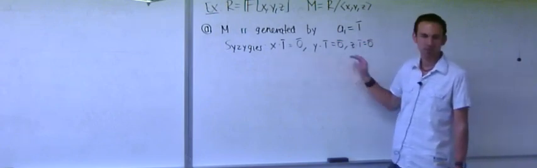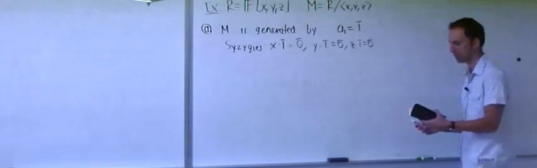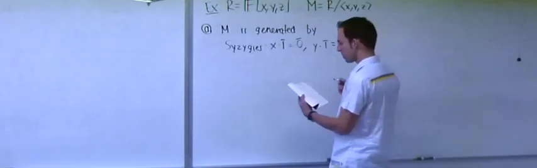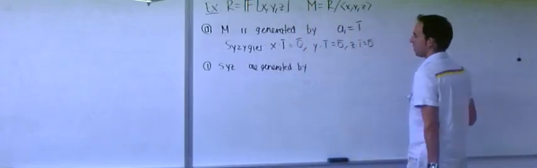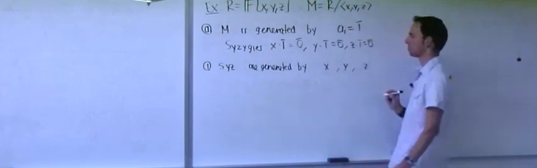So these syzygies are enough to generate all the other ones. Okay? And so let me go to step 1 then, which is that the syzygies are generated by 3 syzygies: x, y, and z.